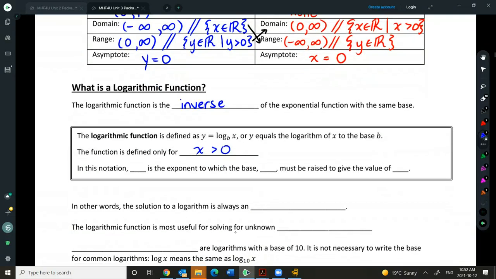Okay, and in this notation, x is the exponent to which b, the base, must be raised to give the value of y. X and y are swapped. Y is the exponent to which the base must be raised to give the value of x.